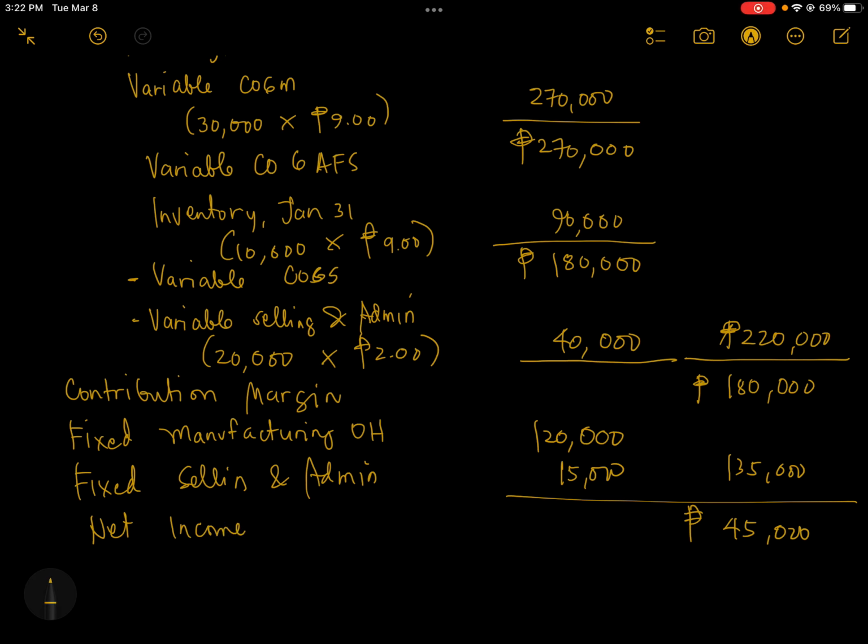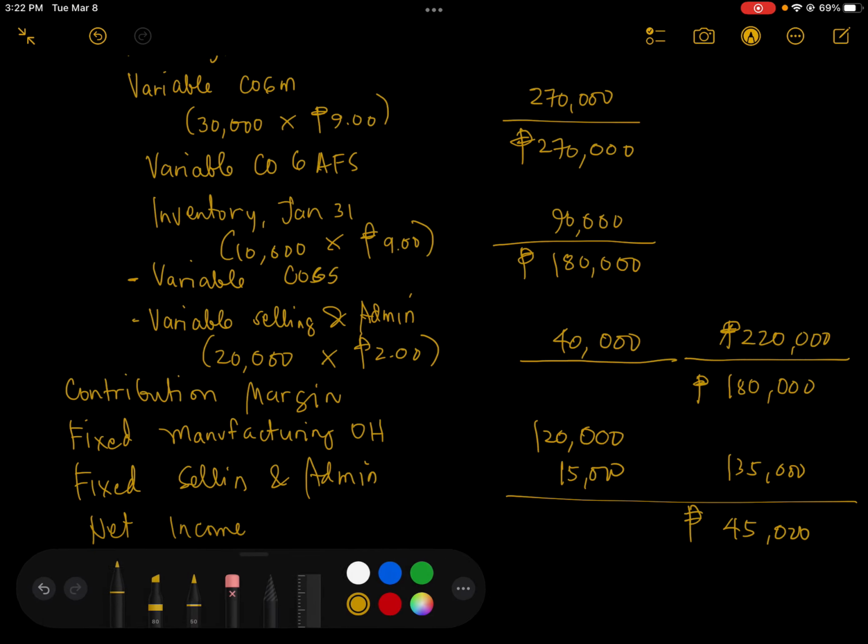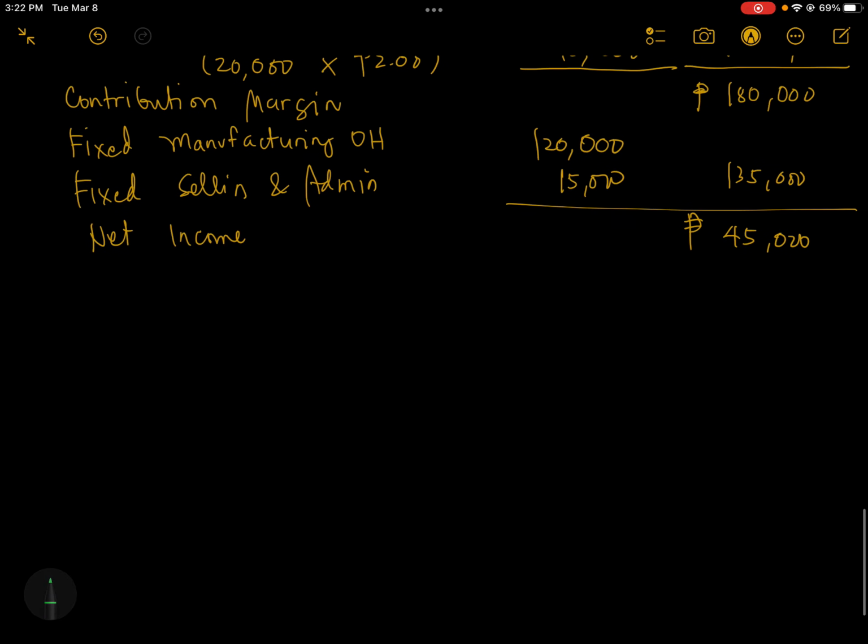under variable costing. Okay? So, kung i-compare po natin, ito po yung net income na lumabas. Under the absorption costing, it is 85,000. Under the variable costing, it is 45,000.